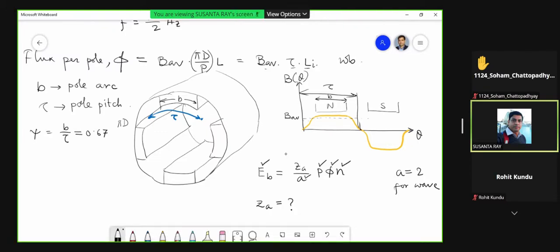Sir, I am getting flux per pole equal to 14.8 milliweber. But sir, I am getting different frequencies. Sir, I am getting 70 hertz. How much? 70 hertz frequency. No, 70 hertz frequency will not be accepted. What was the range? Can you remember which I mentioned in the last class?